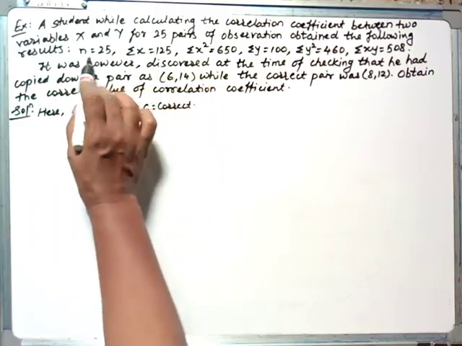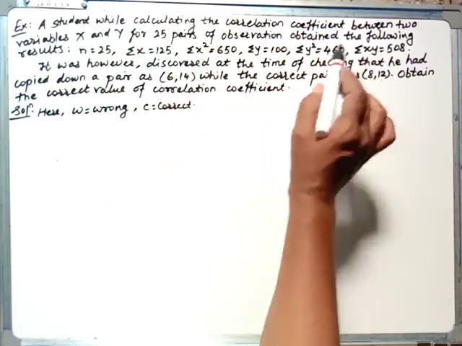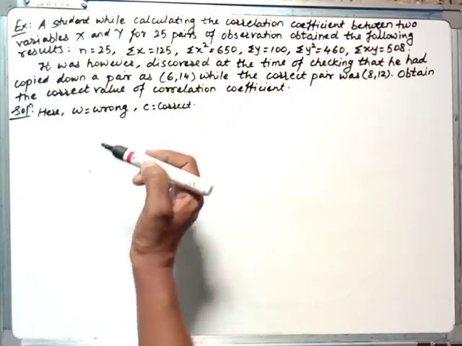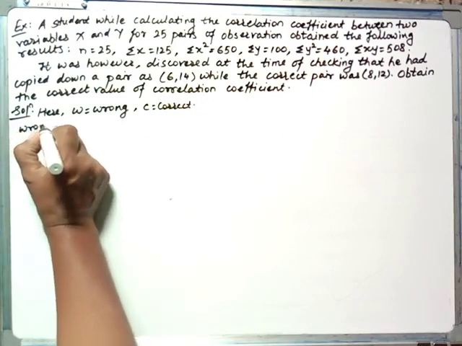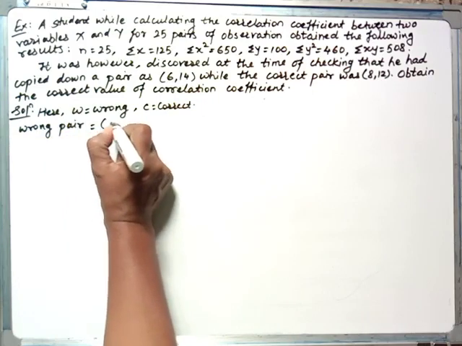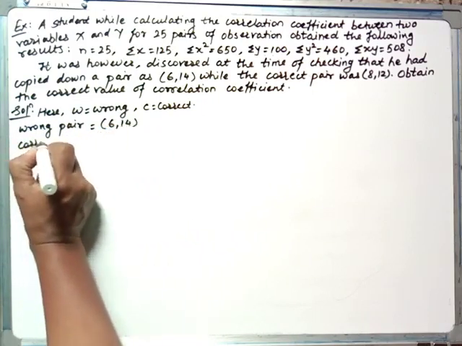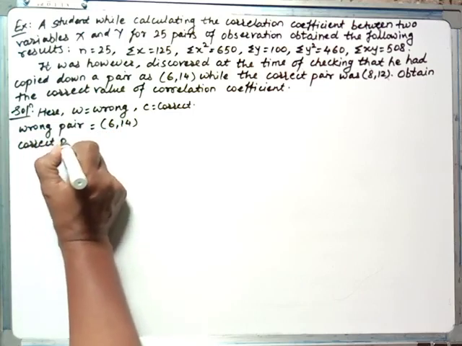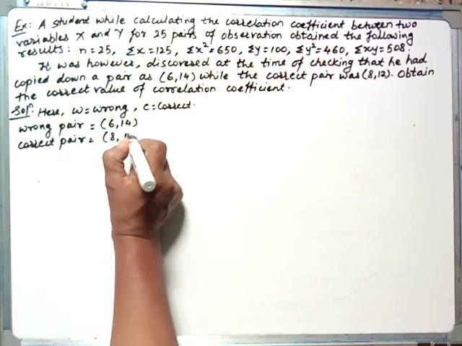So obviously n is 25, okay, but all these sums are wrong due to this incorrect value, or we can say wrong pair. The wrong pair is 6, 14, and the correct pair is 8 and 12.